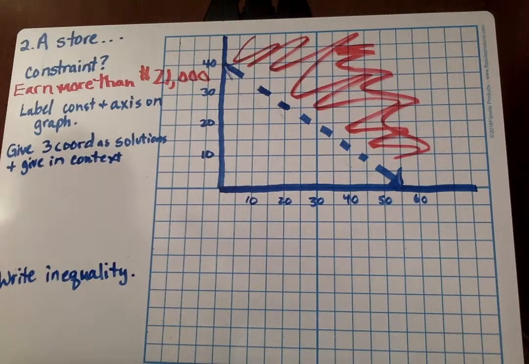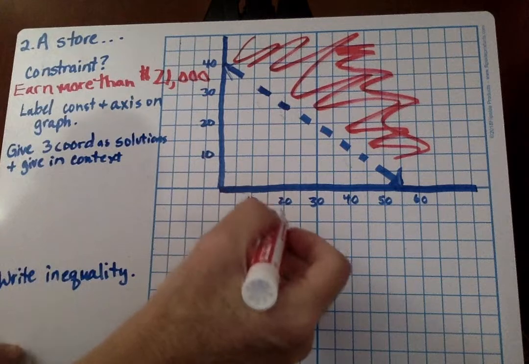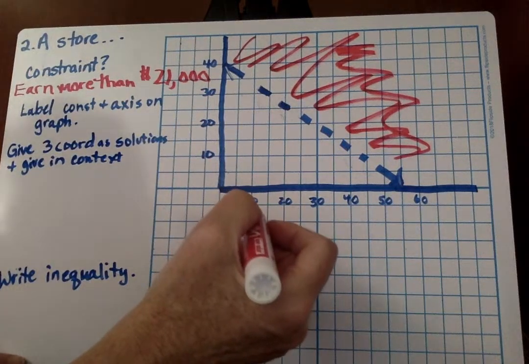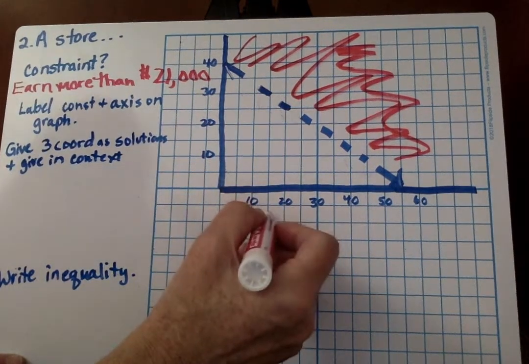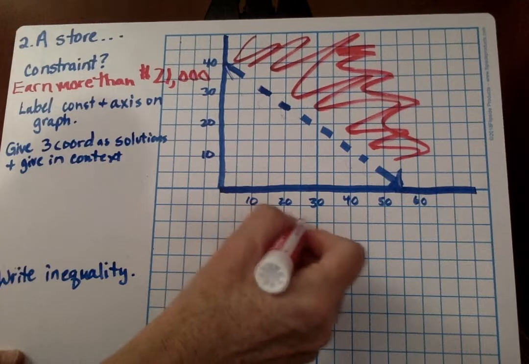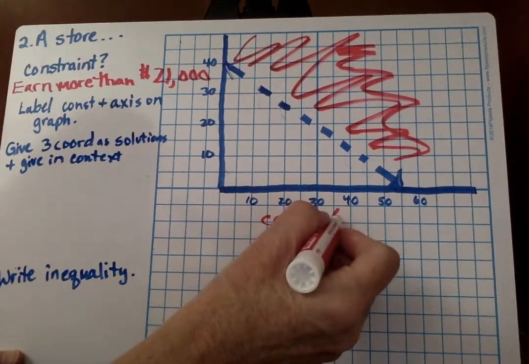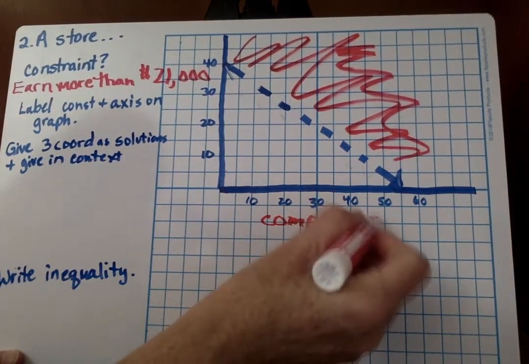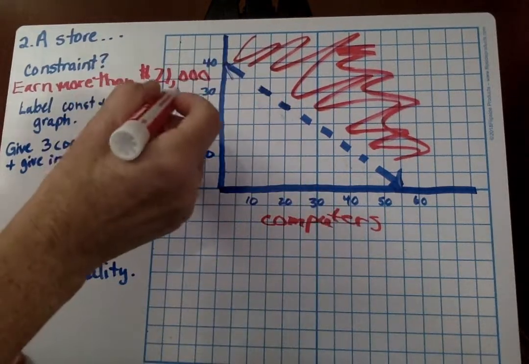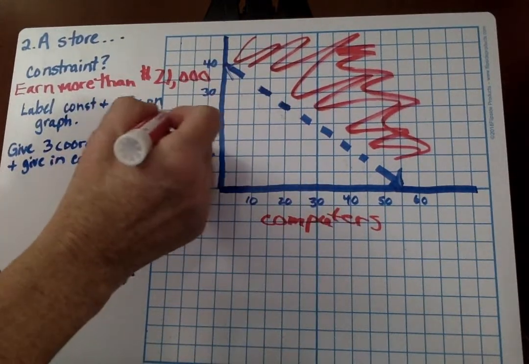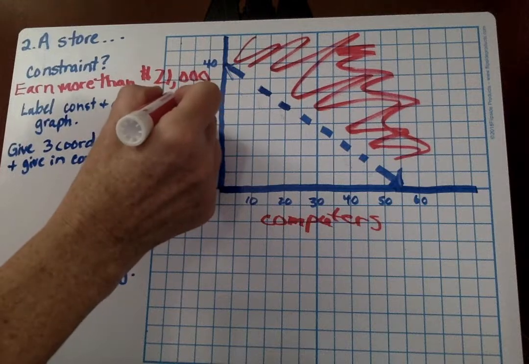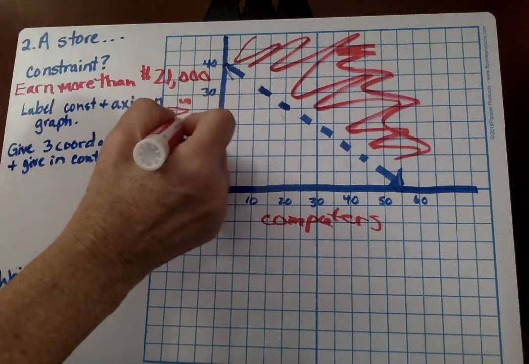Label constraint and axis on the graph. Okay. So the axis right here, they said the X was computers. So we're going to put computers. This will be the number of computers that they would need to sell. And then this would be the TVs.